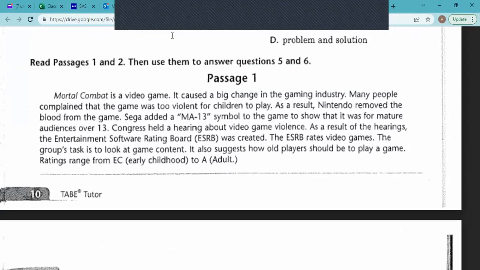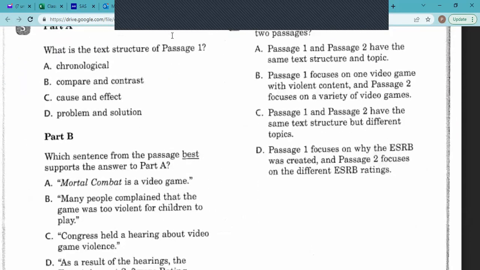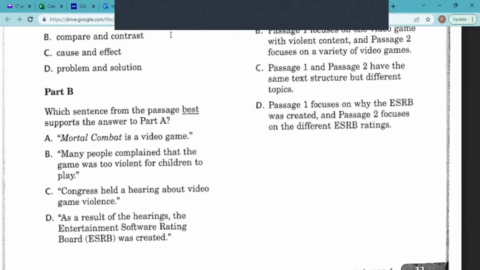All right, so they were having this problem with the children playing games. So the effect is Nintendo had to go back and fix the problem. And some of the ways that they did that was inventing that rating system. All right, so knowing that part A is cause and effect, part B, which sentence from the passage best supports the answer to part A?